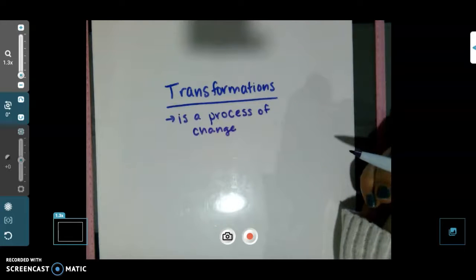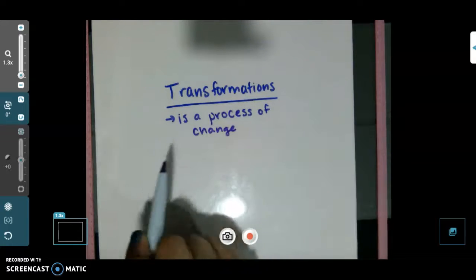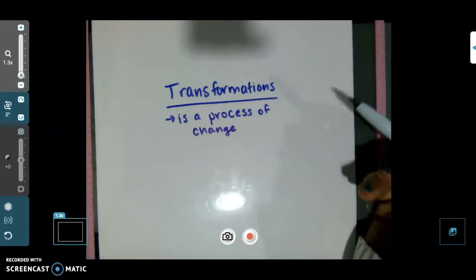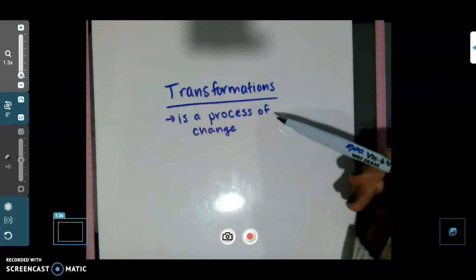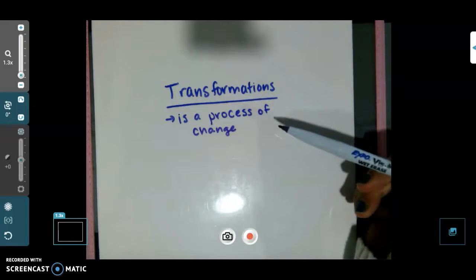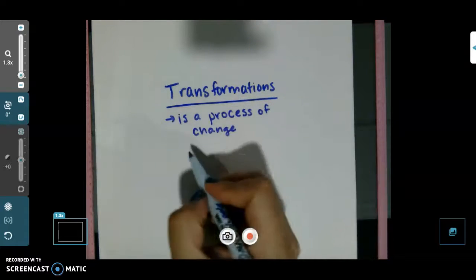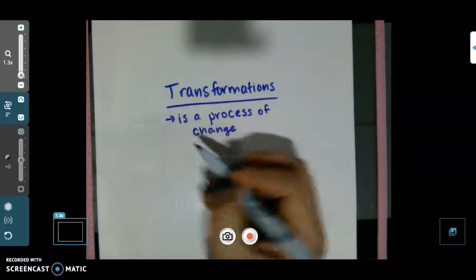So a process of change could be like, as they use in mathematics, a caterpillar. You already know a caterpillar goes from a caterpillar to a butterfly, which you've probably already learned in science. Well, in mathematics, transformations is based on shapes and how shapes can transform from the original function to a parent function. So there's actually two types of transformations.